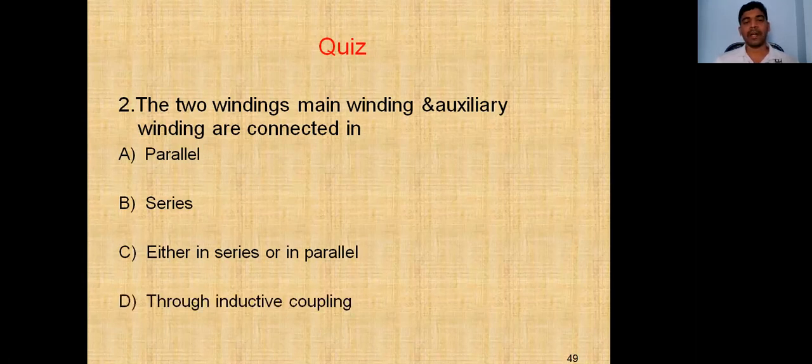Through inductive coupling, the two windings, main winding and auxiliary winding, are connected in parallel.